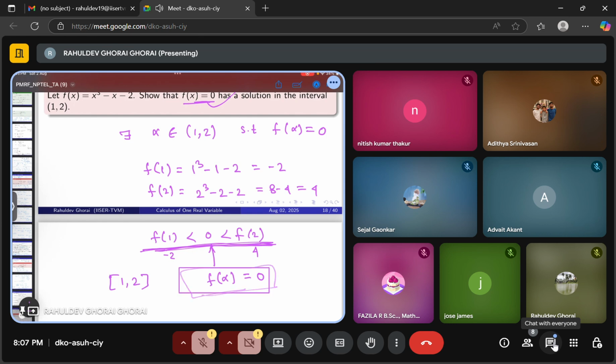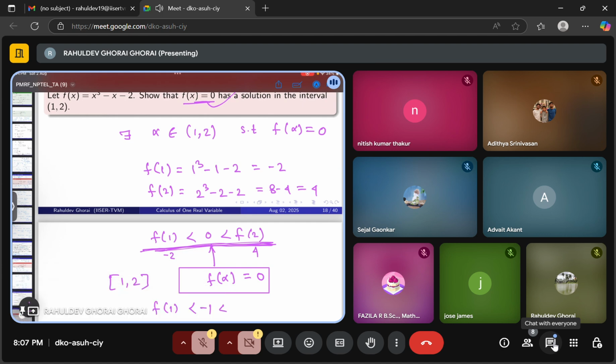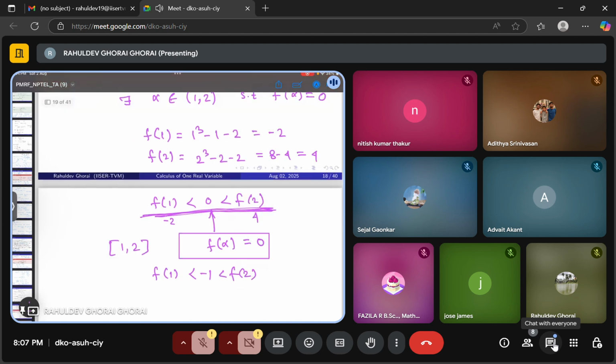So whatever the intermediate values are between f(1) and f(2), the function takes all those values. So you can ask: minus 1 is less than f(2), yes, that is also true. So there will exist a beta such that f(beta) is equal to minus 1.